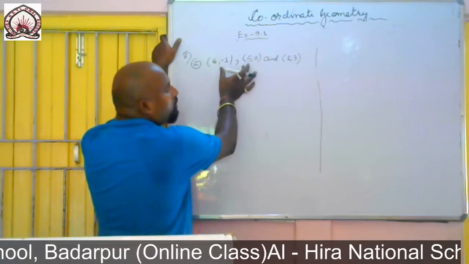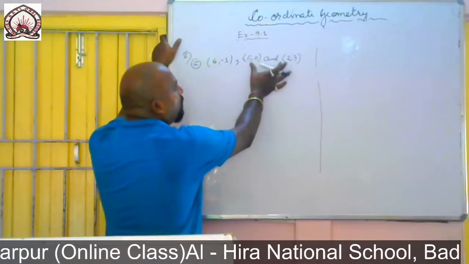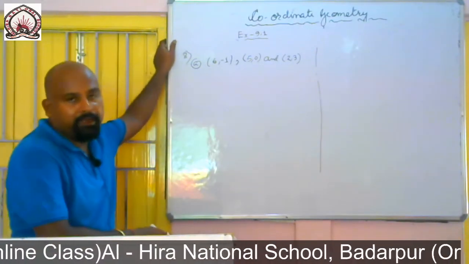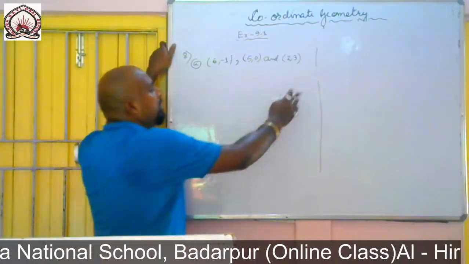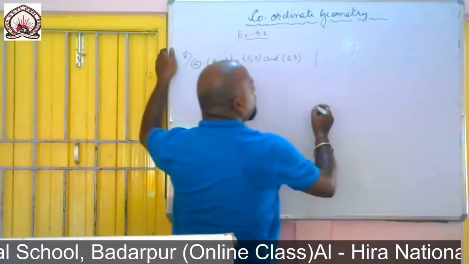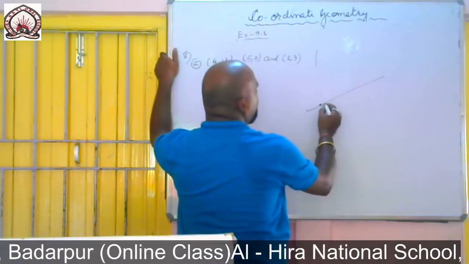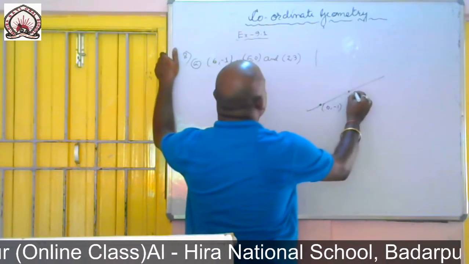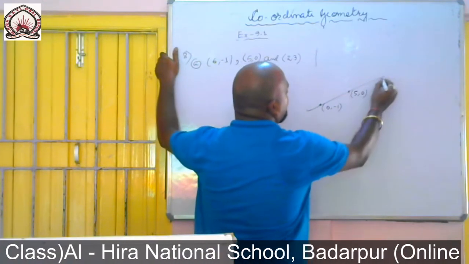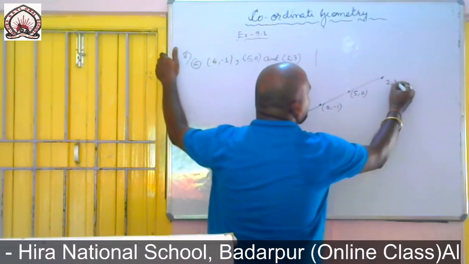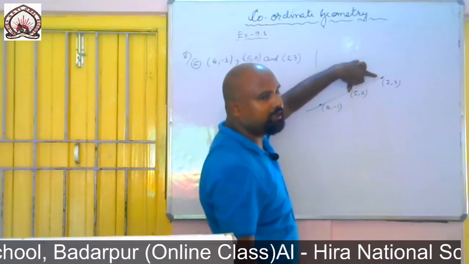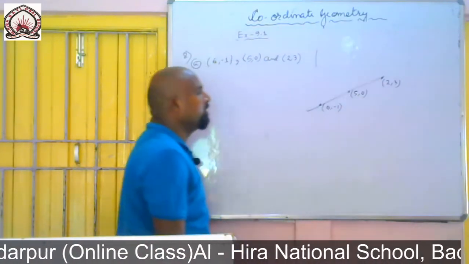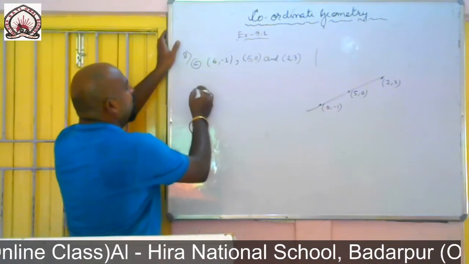The slope between these two points and the slope between these two points, if they are equal, then we can say so. Let us consider this point is 6 comma minus 1, this point is 5 comma 0 and this coordinate is 2 comma 3. If the slope of this line equals the slope of this line, then they are collinear.